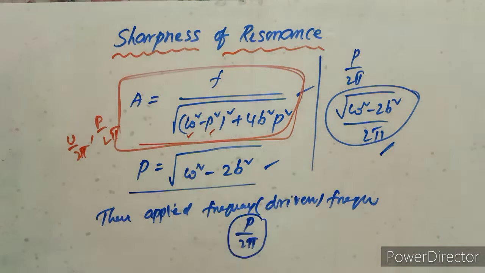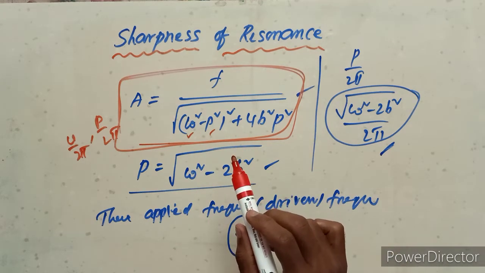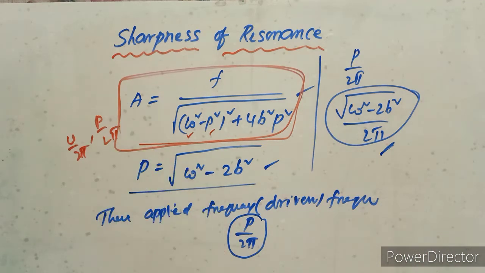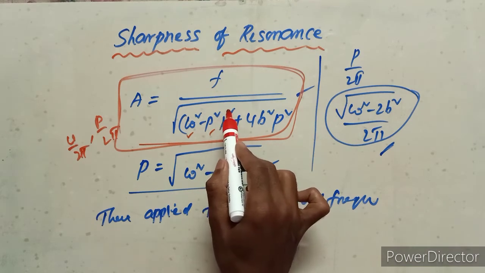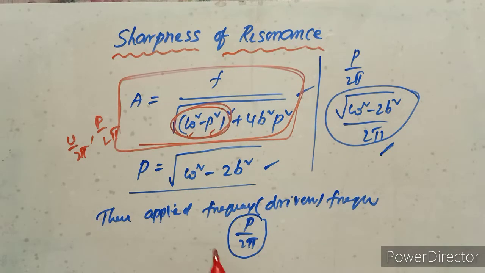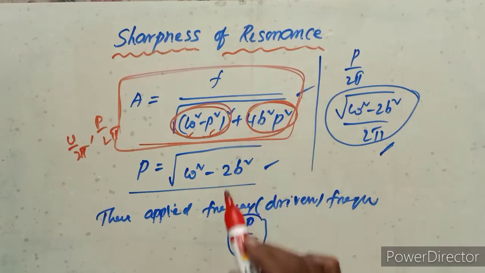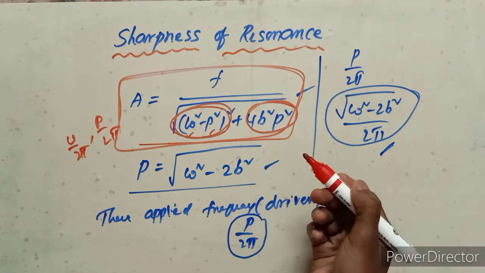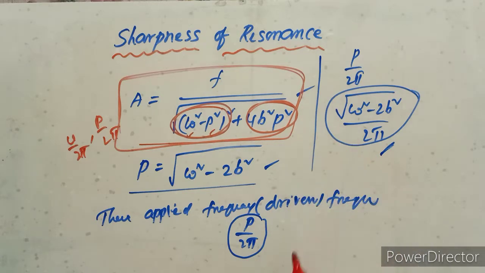When the frequency changes, the amplitude also changes. From this point, when the frequency changes, the amplitude falls.